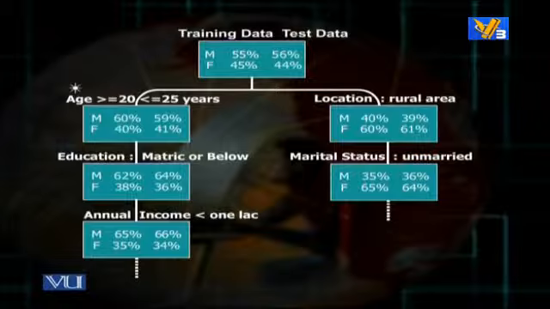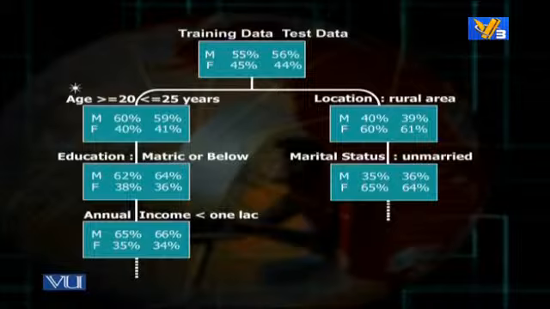Then further, the data mining tool may also find out that education is yet another variable or predictor. If the education level of the customer is matric or below, it finds that the probability of finding males increases from 60% to 62%. And the test data also provides almost the same result with a 1 or 2% variation.